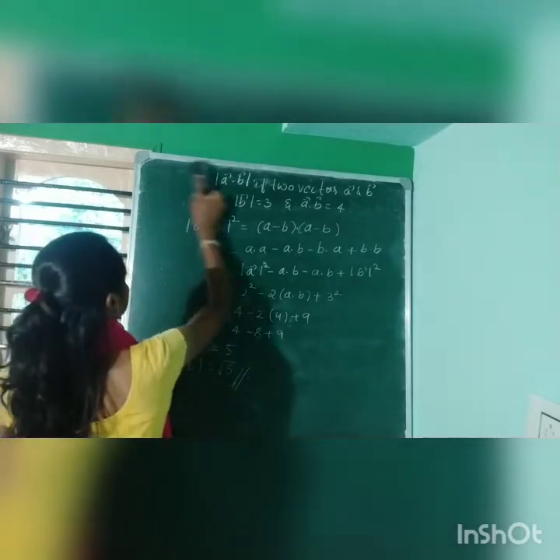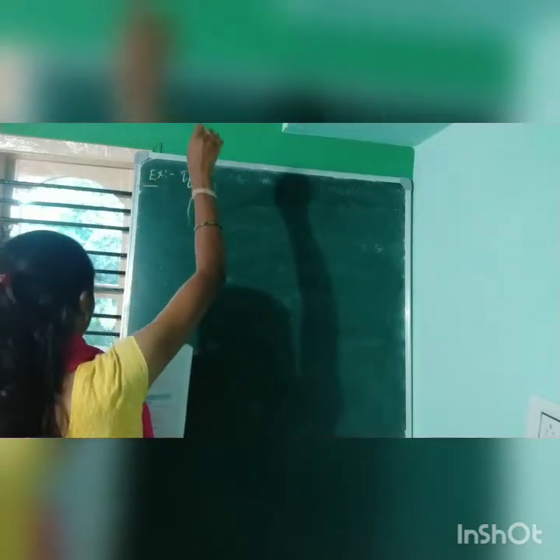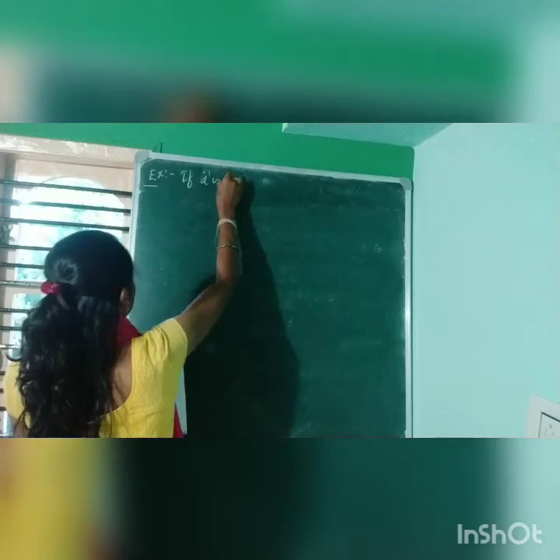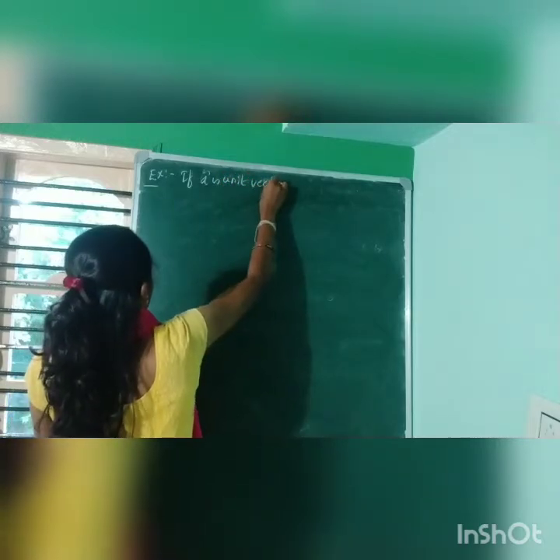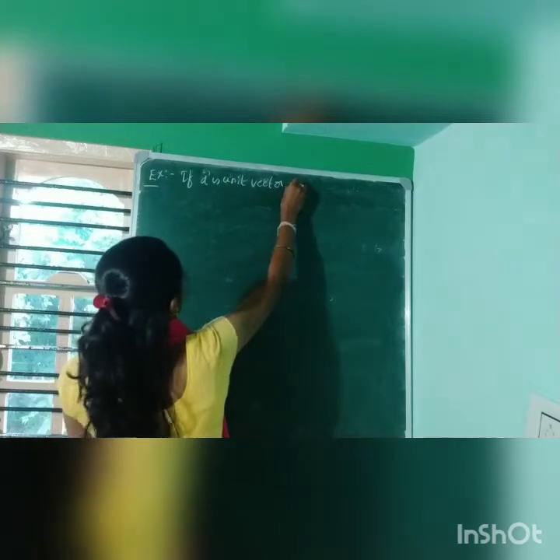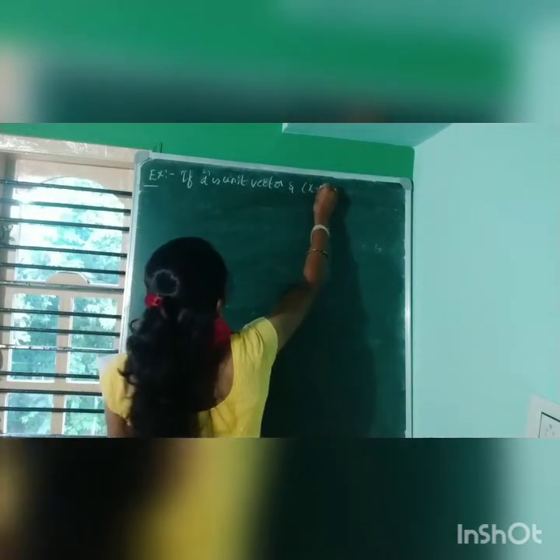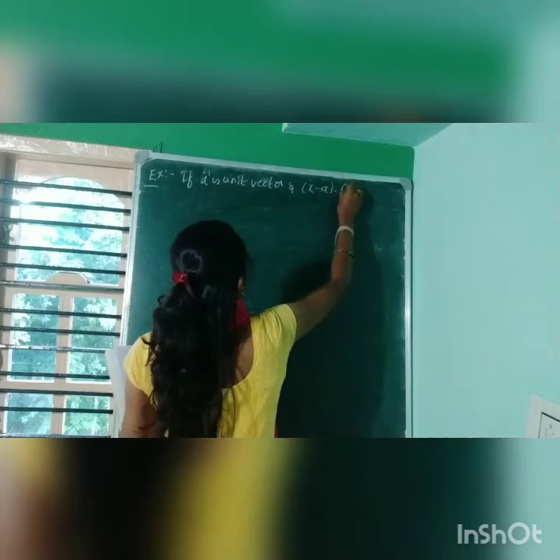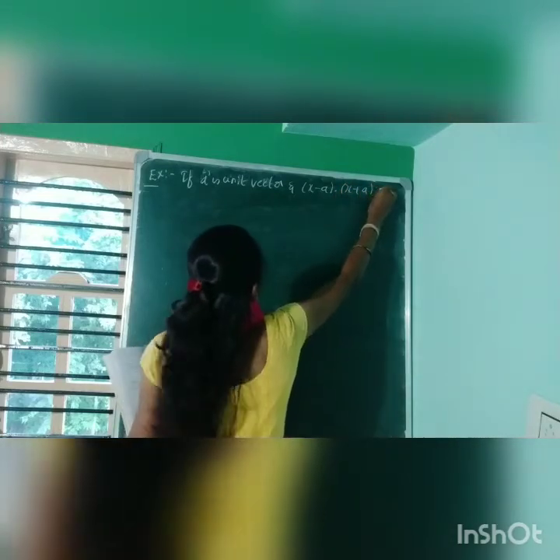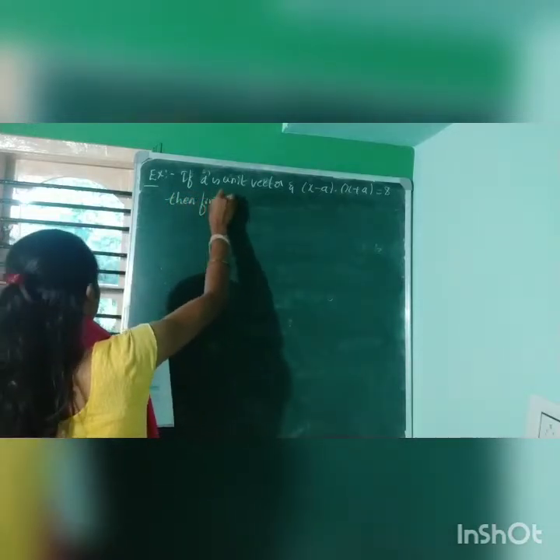So I just go with the last one in this. If important one, this is: if A is a unit vector and x minus A dot x plus A is 8, then find the magnitude of x vector.